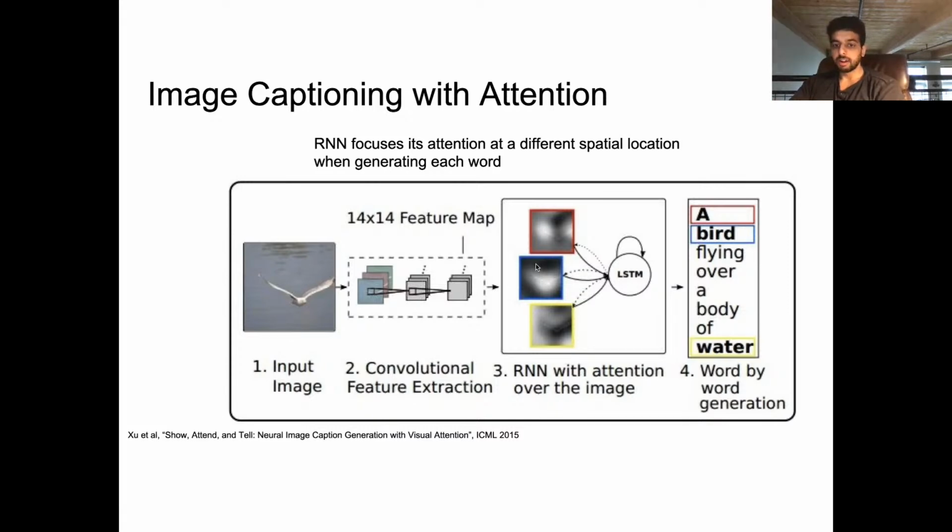And now I can have my RNN attend over different parts of the image. And I can actually look and see at each time step which part of the image was being focused on by the attention. So this exactly addresses your question, although you probably won't be satisfied with the result.